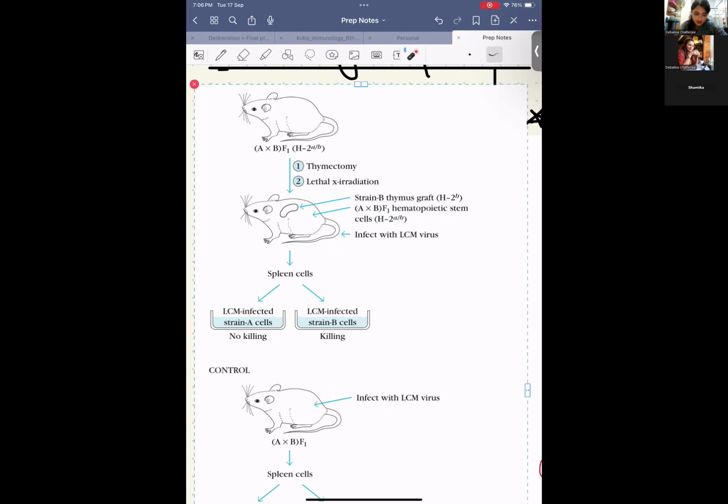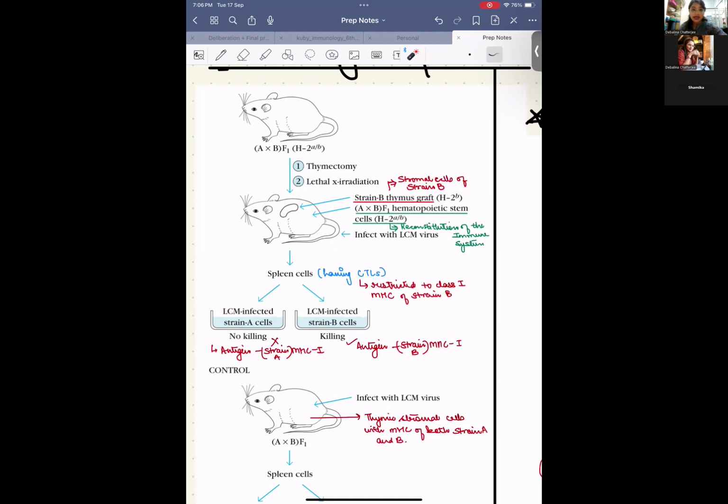The thymus has the stromal cells that are educating your developing T cells about the self MHC molecule.